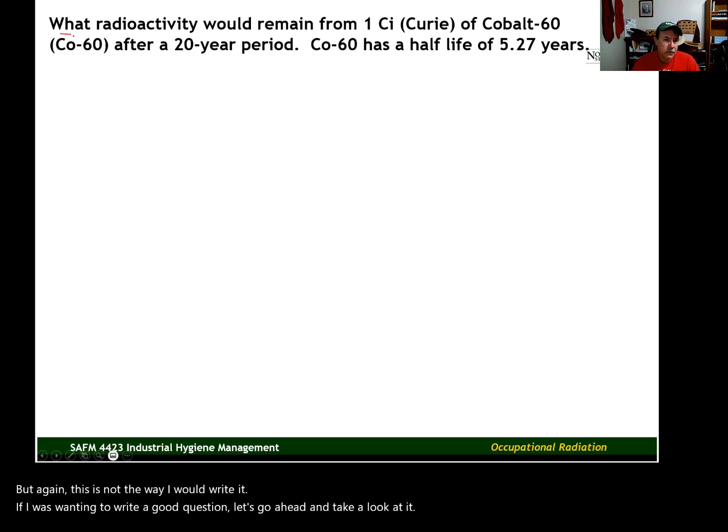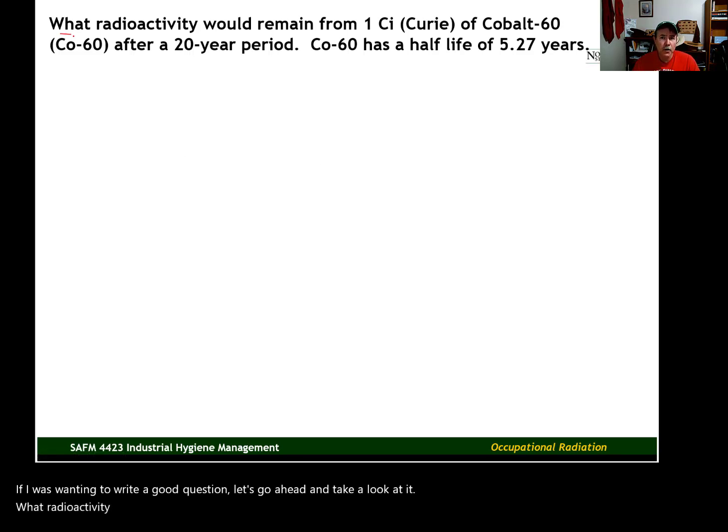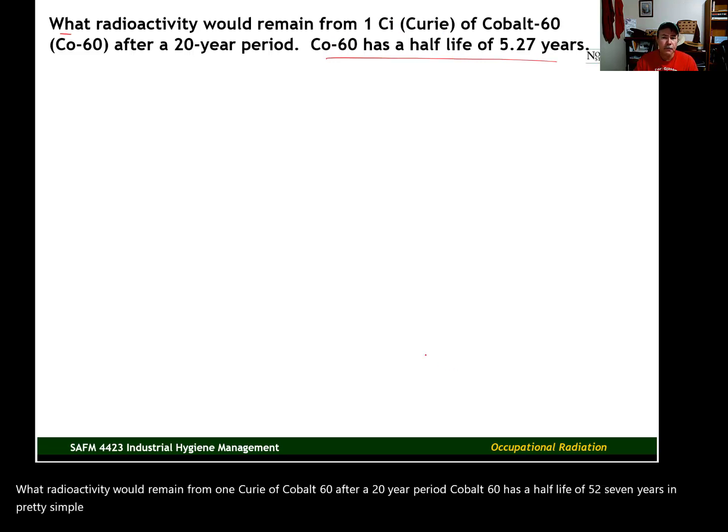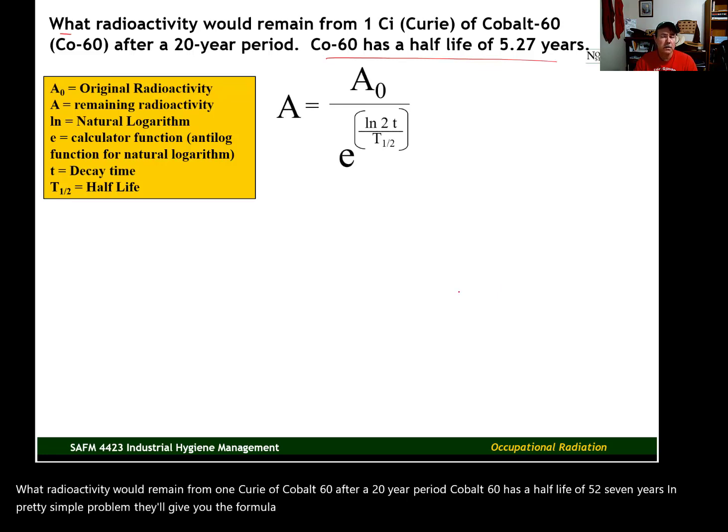What radioactivity would remain from 1 curie of cobalt-60 after a 20-year period? Cobalt-60 has a half-life of 5.27 years. Again, pretty simple problem. They'll give you the formula that you need to calculate the remaining radioactivity.